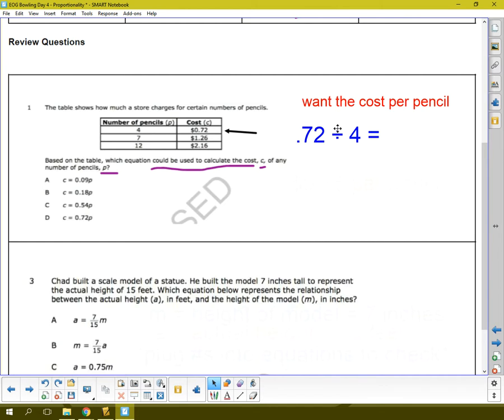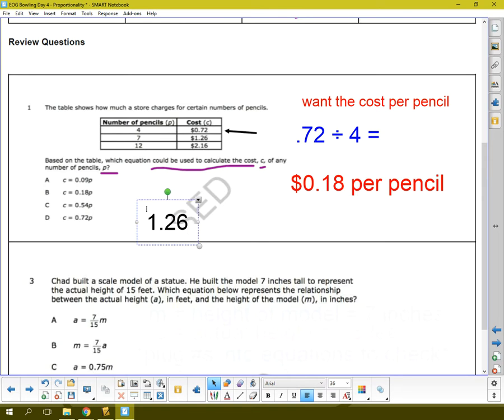If you take your paper and you try to put 4 into 72, you should determine eventually that is 18 cents per pencil. Because I got 18 cents when I divided, I could take another one and try it if I wanted to. If I take 1.26 and divide it by 7, I still get 0.18.